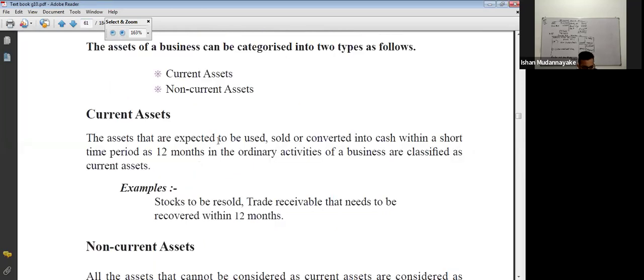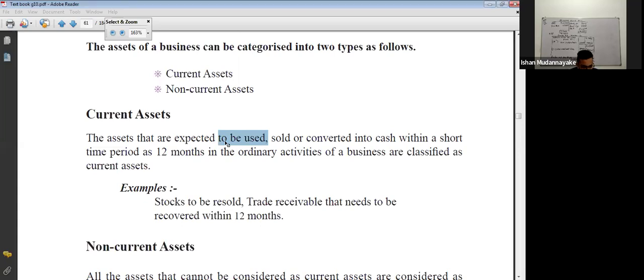Assets that are expected to be used. What are the assets expected to be used? Cash, or raw material.